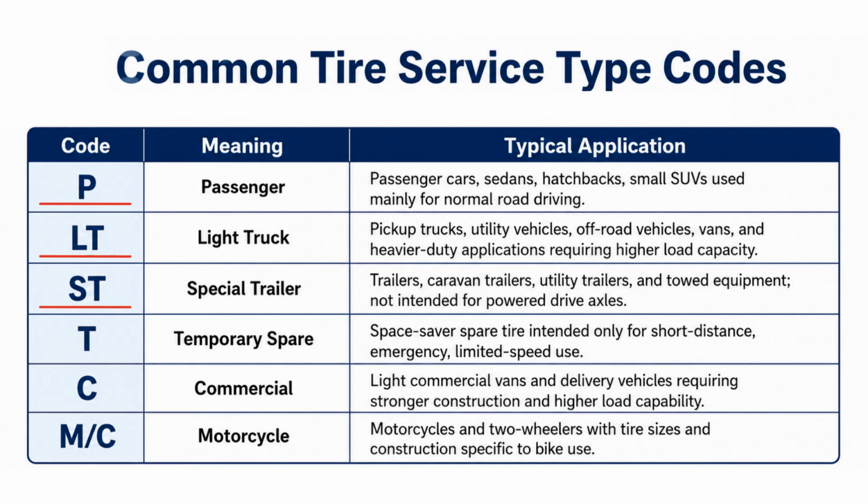ST stands for special trailer, meant only for trailers and towed equipment, not for powered drive axles. T means temporary spare, designed for short distance, limited speed, emergency use. We also see C for commercial, used on light commercial vans and delivery vehicles, and MC for motorcycle applications. The key point is that service type helps match the tyre to the vehicle's duty, load requirement, and operating condition.